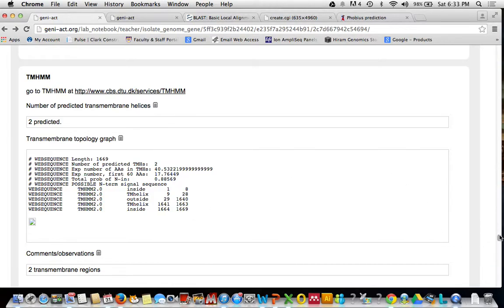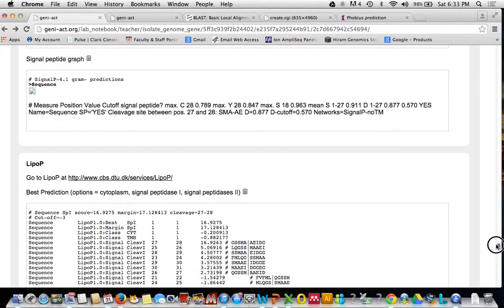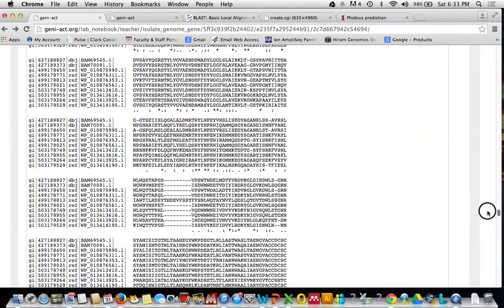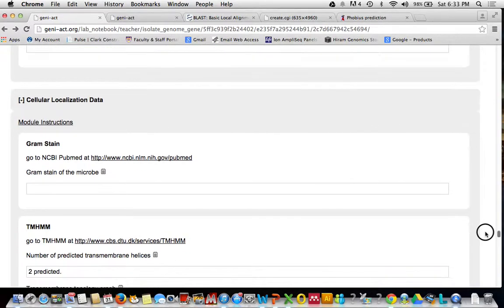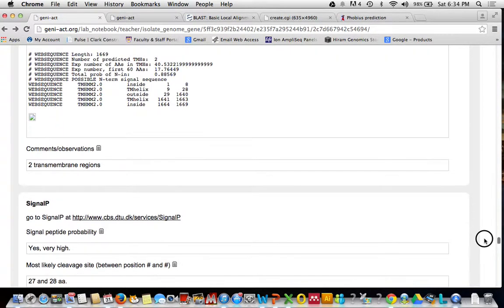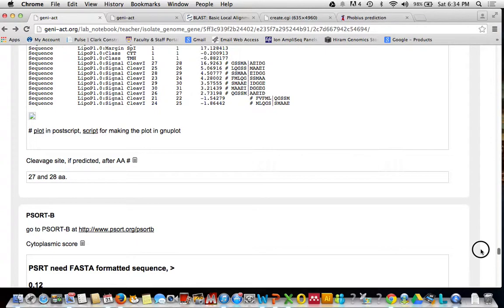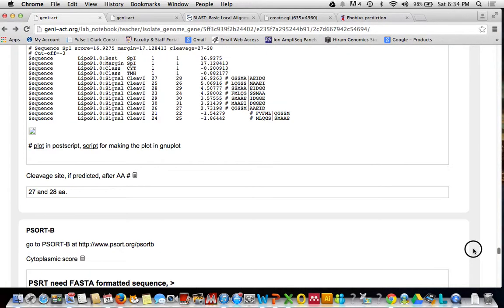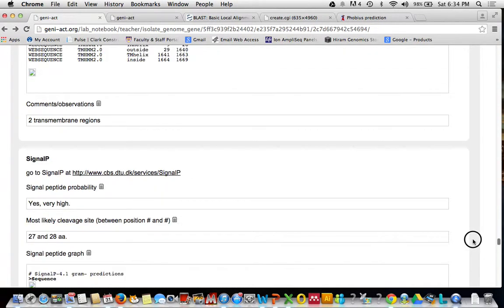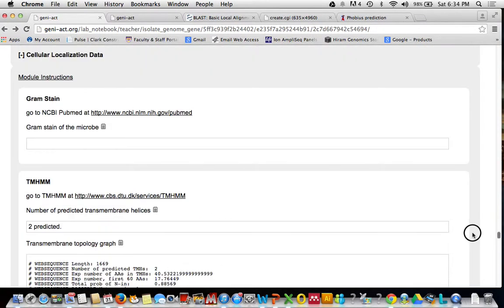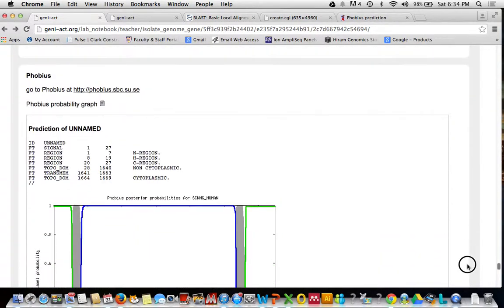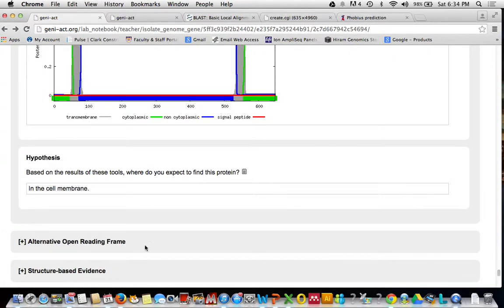When you write your conclusions at the end from all of these software, so TMHMM, PSORT, and Phobius, you'll be asked to put in your hypothesis.